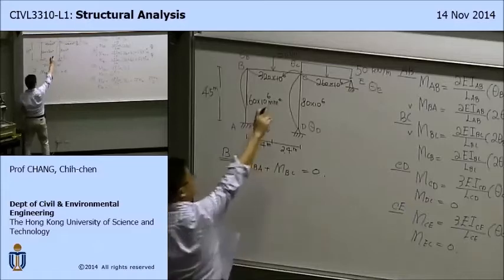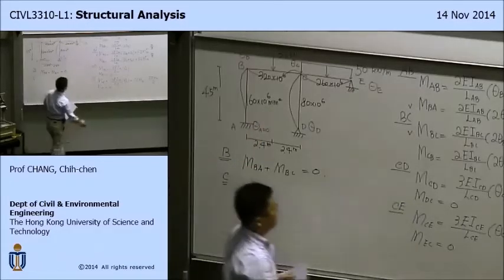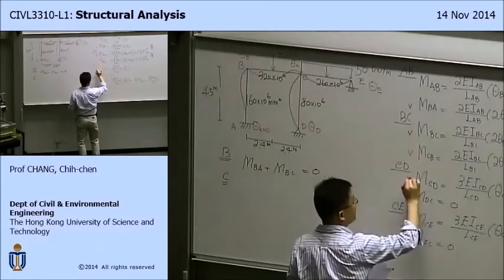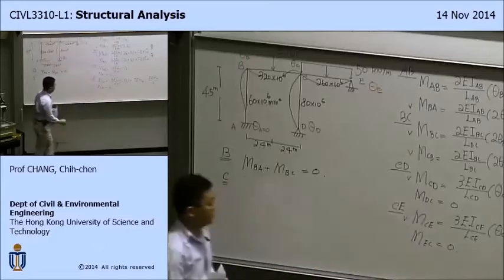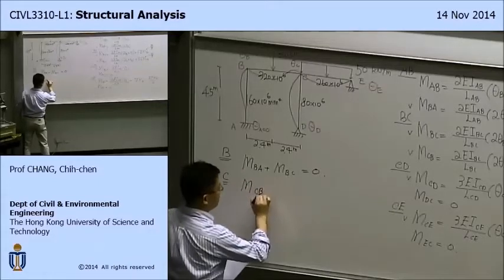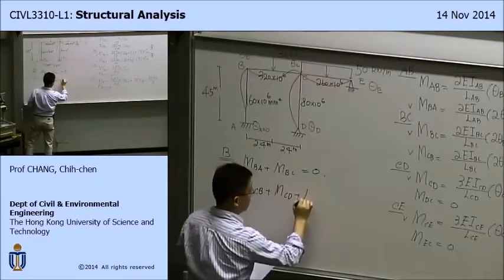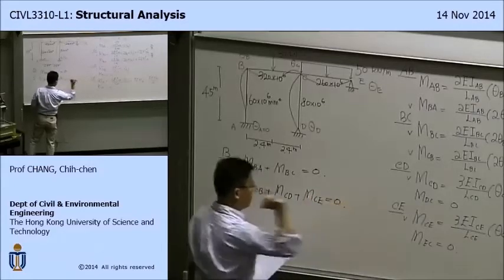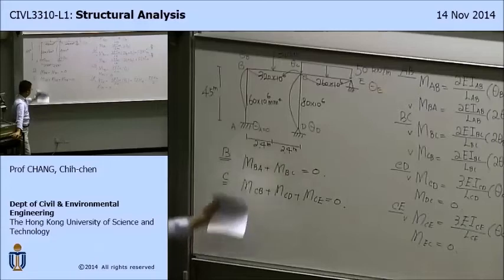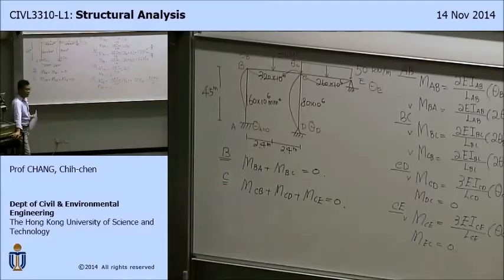And joint C. So I pick up this one, and this one, sum up, equal to 0. All right, 2 equations. So you look into the equations, there are only 2 unknowns, which are rotation B and rotation C. So you can solve for these 2 unknowns from the 2 equations.